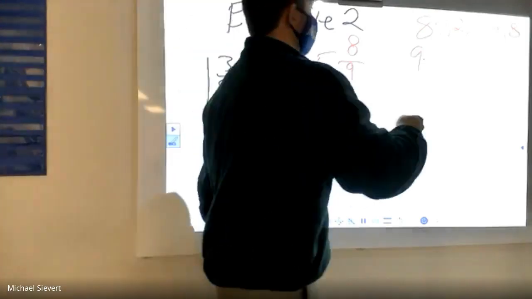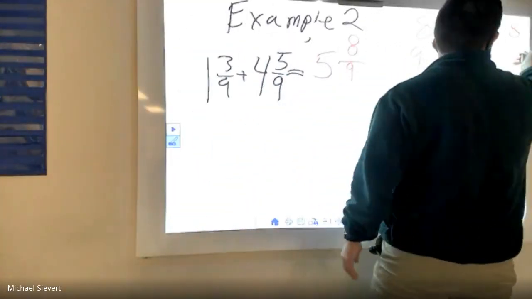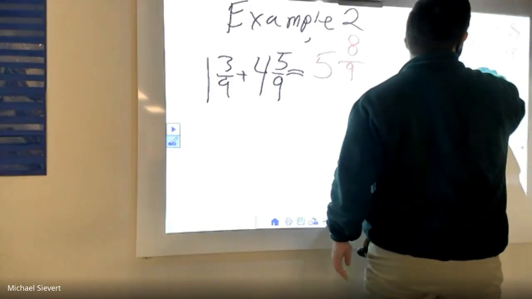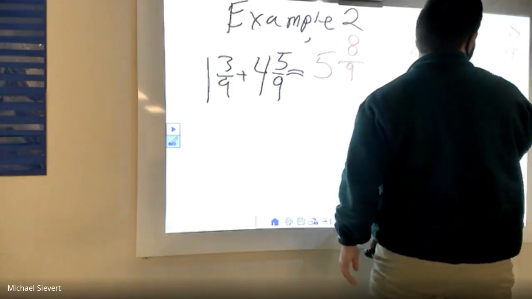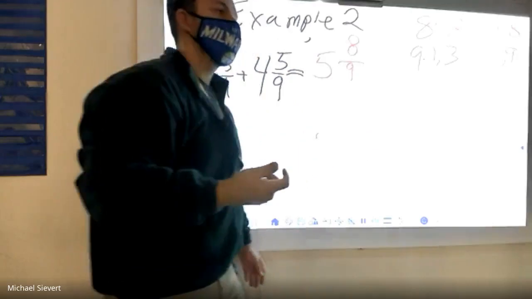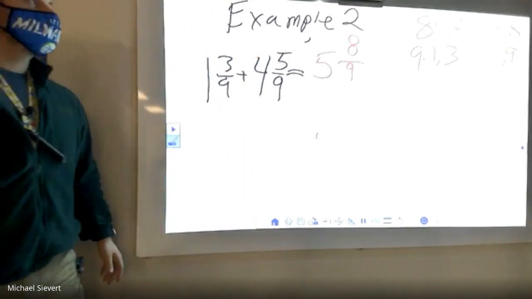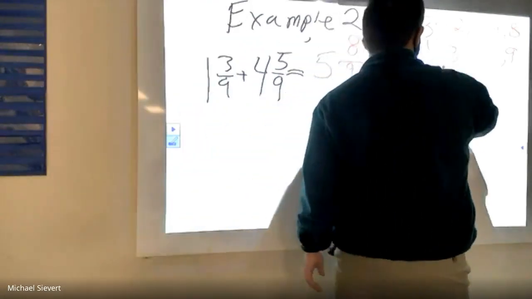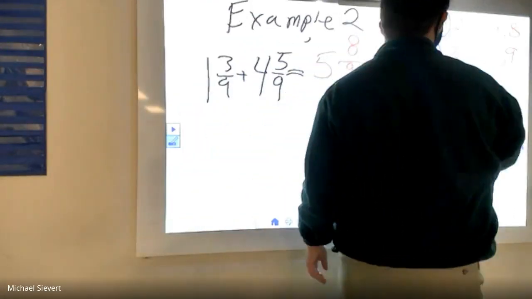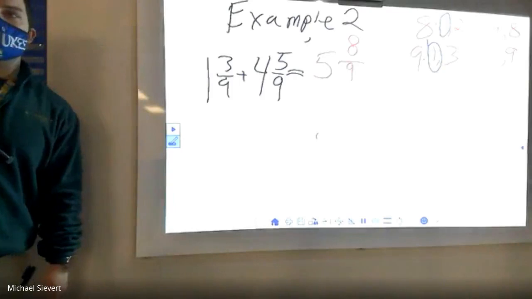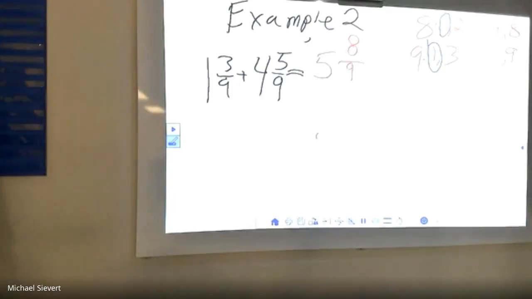We got 1, 9, and 3, because 3 times 3 equals 9. I see we got 1 in common. Do you see anything else we have in common?